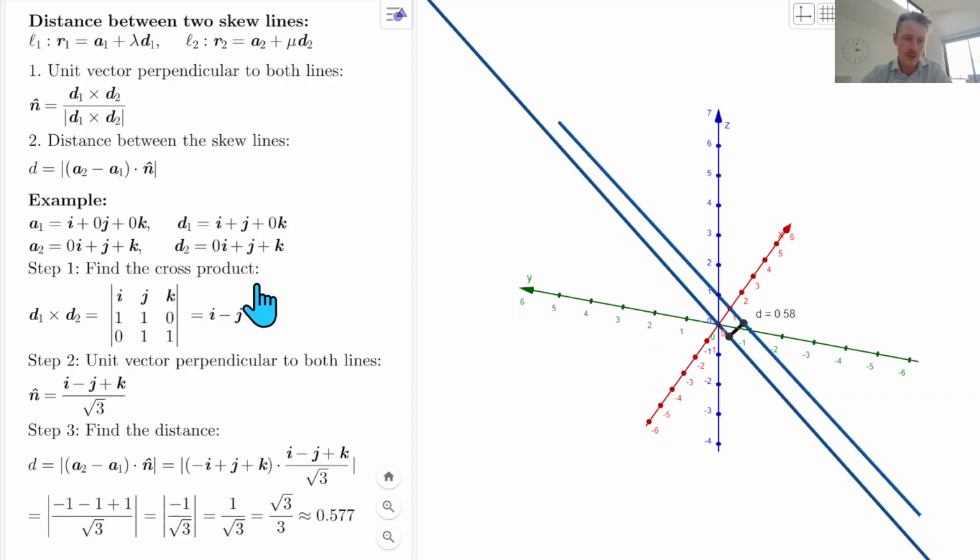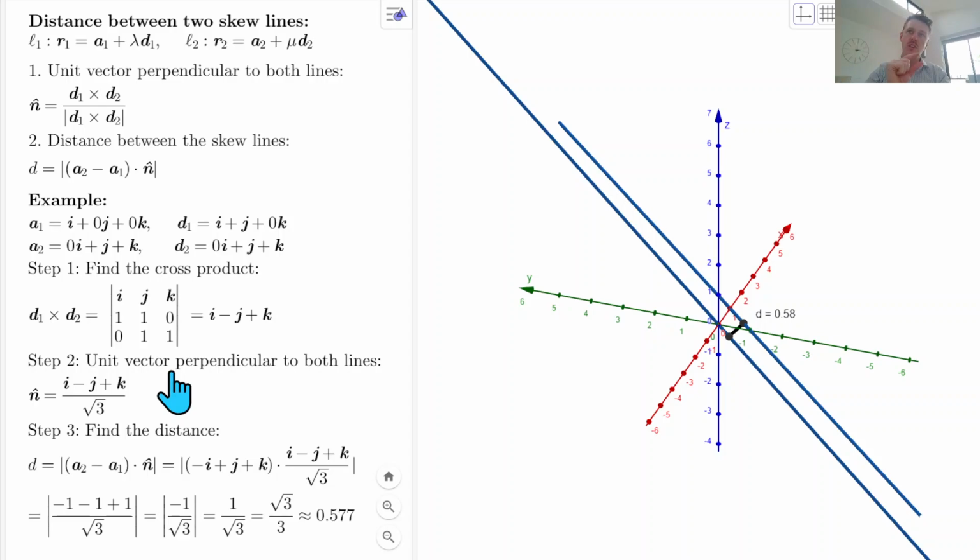Maybe I can explain it in a bit more detail. I've got two lines, right? And if we want to find the distance between them, we need to find the line that's perpendicular to both of them, because where that line meets them, which in this case is here, will be the minimum distance between them.